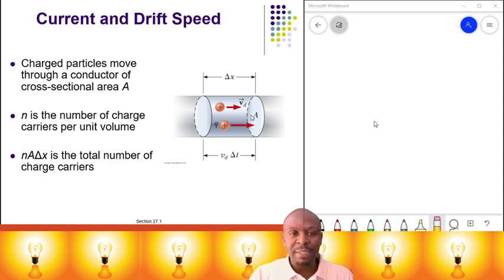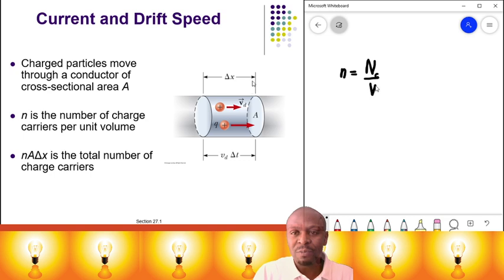Now in this case, when I define n, n is the number of charge carriers per unit volume. If I want to write that small n, it is equal to the number of charge carriers, which I will denote by n subscript C, per unit volume.